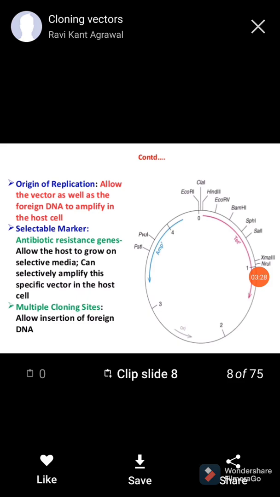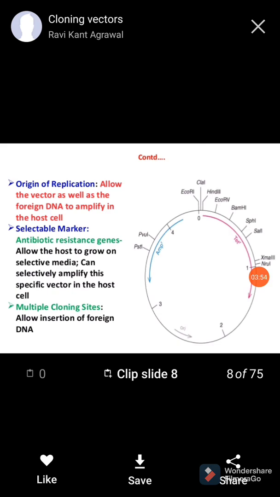Okay, as you can see here in this figure, EcoRI, then ClaI, then HindIII, then EcoRV, all these can cut at different sites. And at those sites where these restriction enzymes can cut, the DNA insert can be inserted into this region.